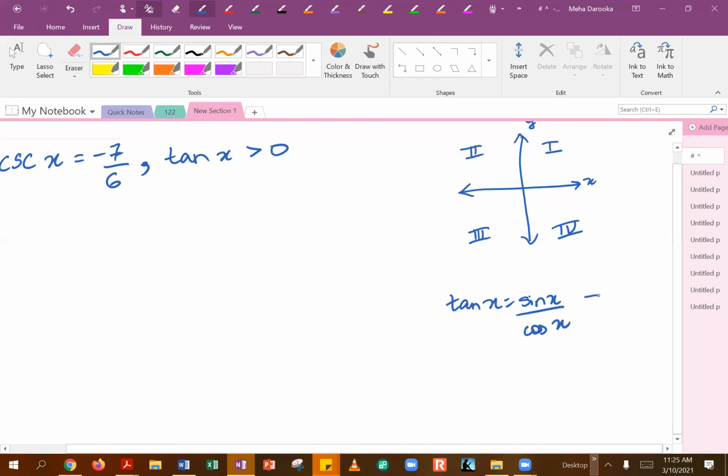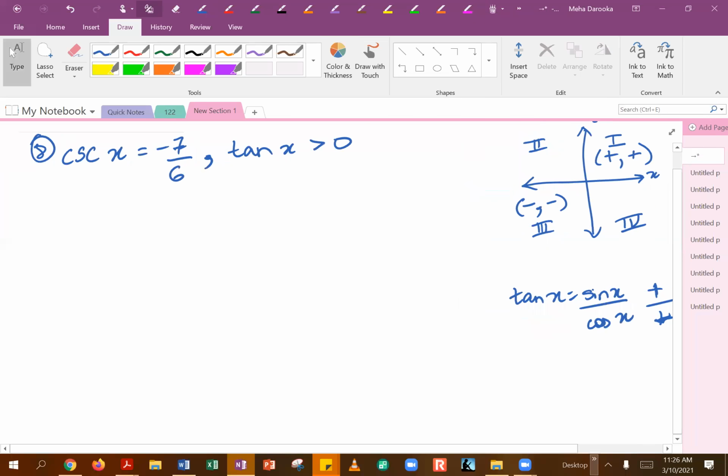So either both of them should be positive, or both of them have to be negative. So that happens in quadrant 1 because here, both our ordered pairs will have positive values. So your sine and cosine will both be positive. Or in quadrant 3, where both your sine and cosine functions are negative.